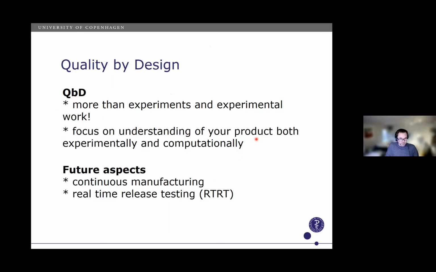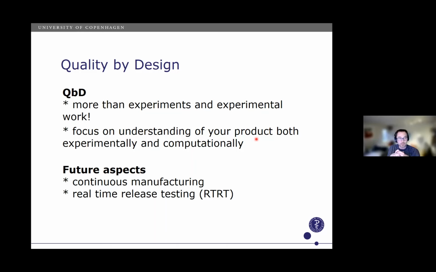And then it is important to take this into a bigger picture and think what quality by design means. Quality by design is more than the experiments and experimental work. You try to understand what is happening for your product, and this you can do both experimentally and also increasingly computationally.